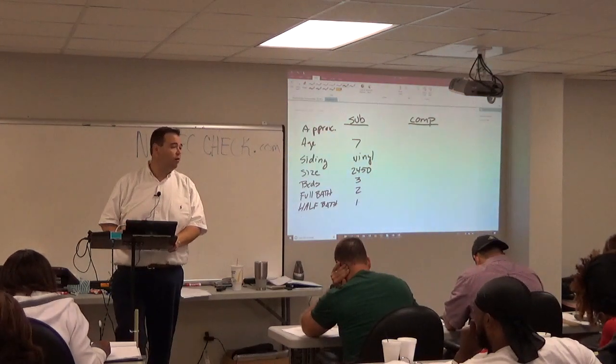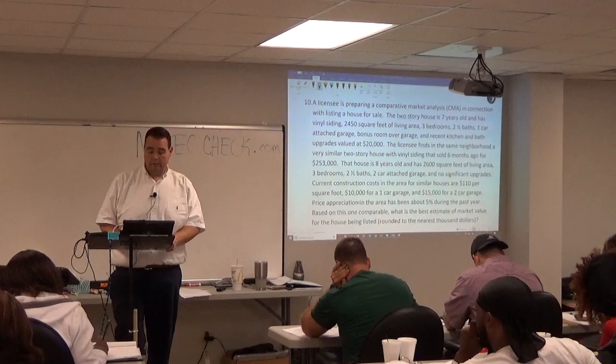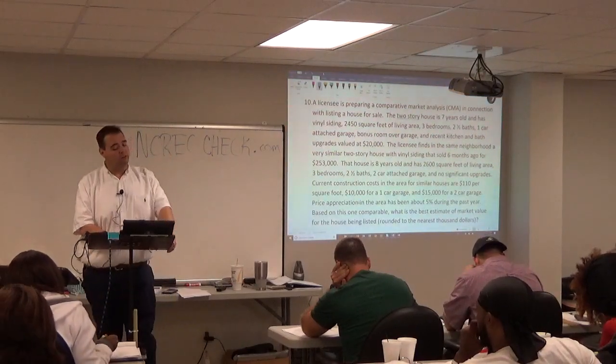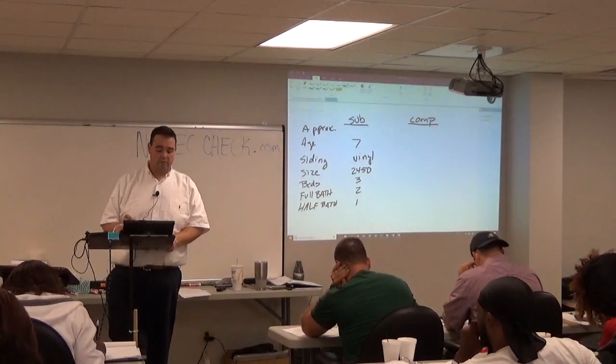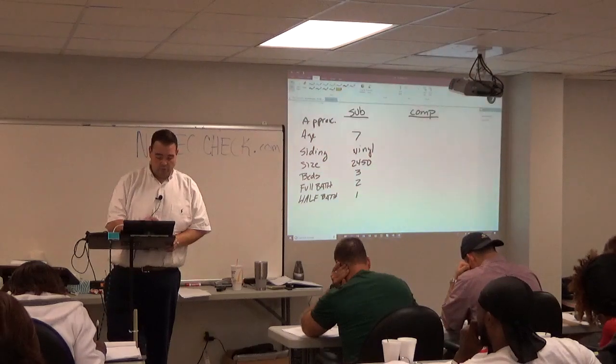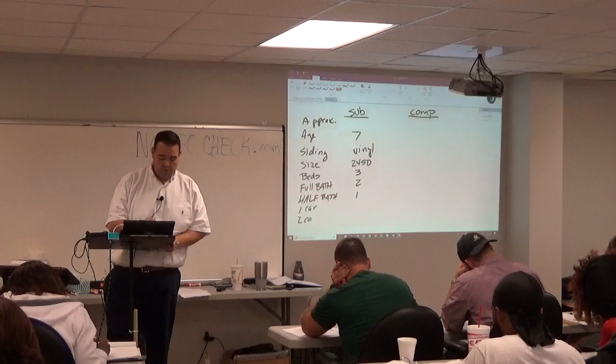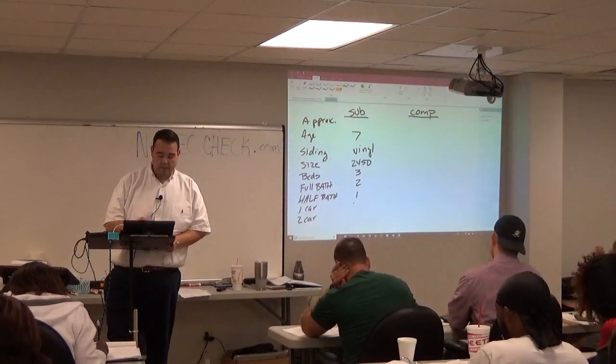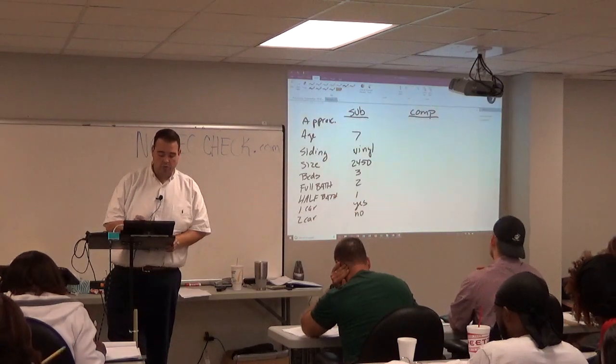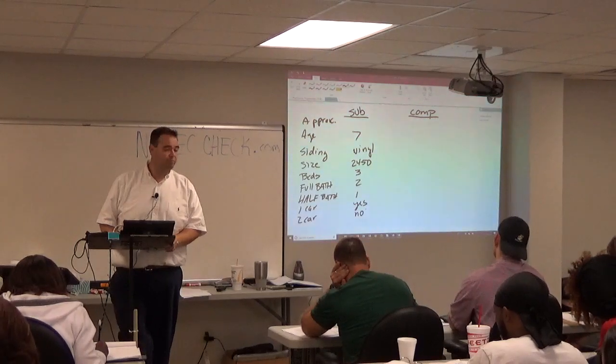Everybody okay with that so far? Yes. The other thing they tell me is it has a 1-car attached garage. So we're going to put 1-car garage and 2-car garage. So it has yes on a 1-car and no on a 2-car. Is everybody all right with that?